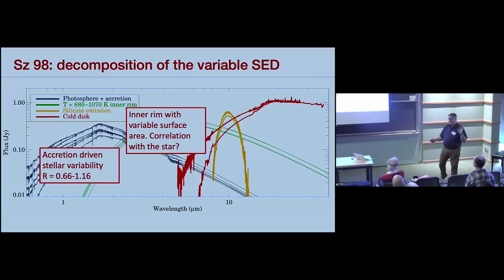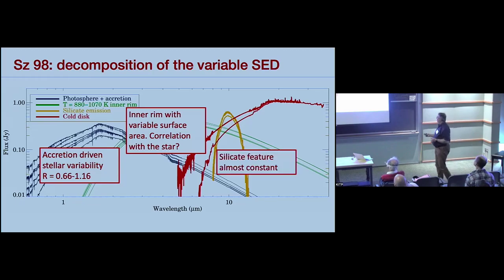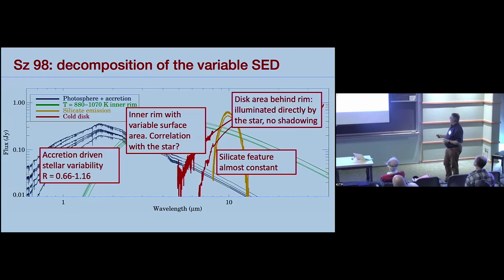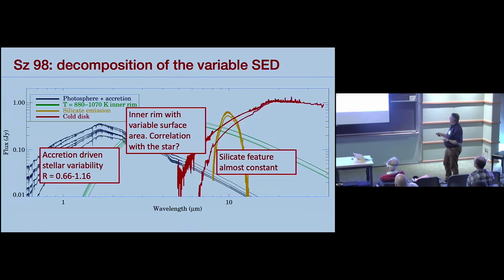So if you see in your James Webb spectra any variability below 8 or 9 micron, that its slope changes, this is not the outer part, this is just the inner wall Planck curve. So we have a silicate feature, which is almost constant, and we have another part which seems to be actually correlating with the stellar radiation.